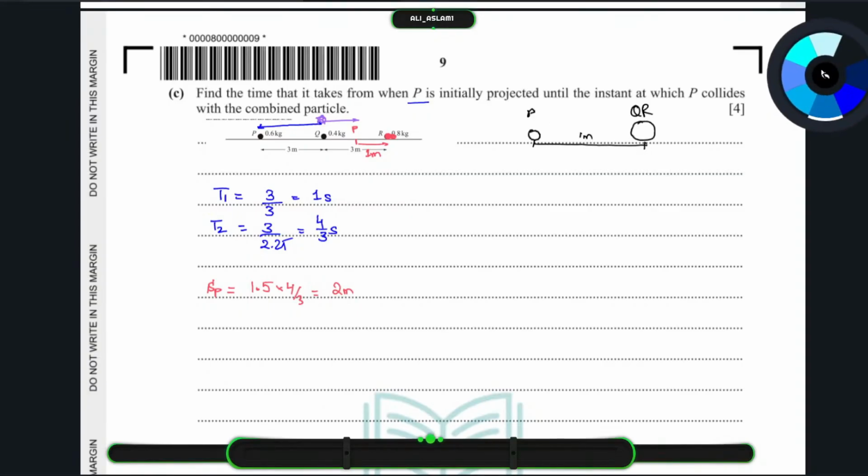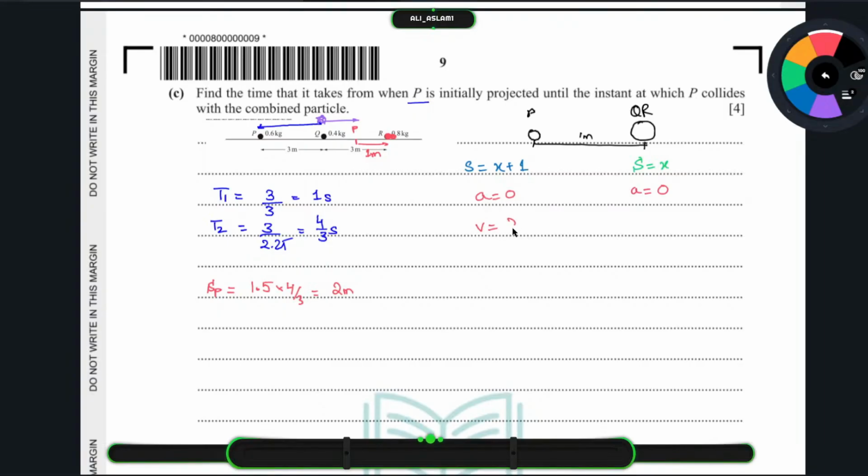So if we were to form an equation, it would be S is equal to x plus 1. X is the distance they would further travel at which they would collide. For that, S is equal to x, and a is 0 for both scenarios. Both are moving with constant speed.